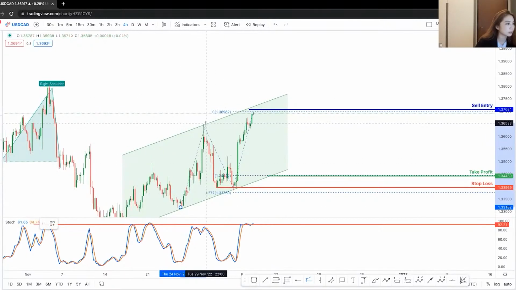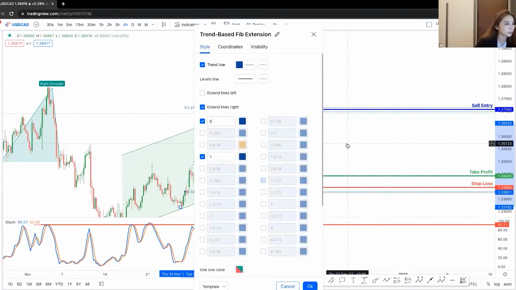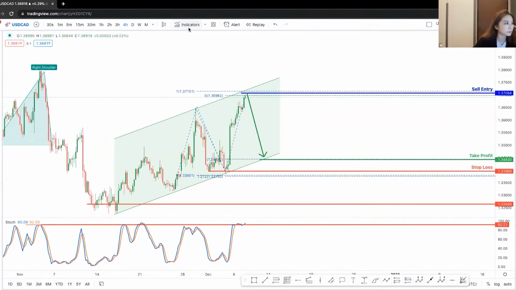Let's take a look right now for entry. 100% for entry as well. Very nice triangles. Yep, that's about it for dollar CAD.